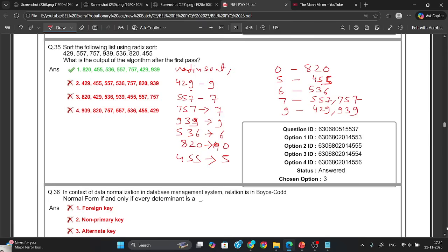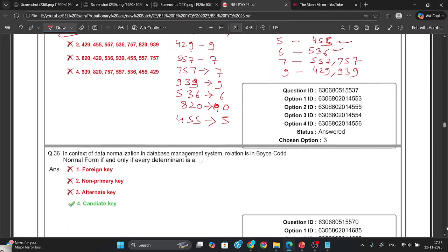All right, so after the first pass it will come like this: first 820, then 455, then 536, then 557, 757, 429 and 939. This matches option 1, and option 1 is your right answer.